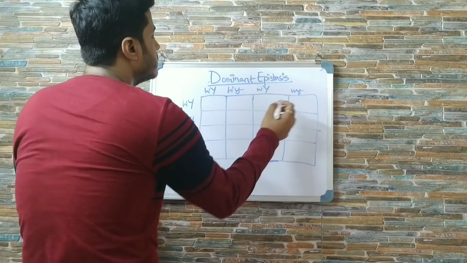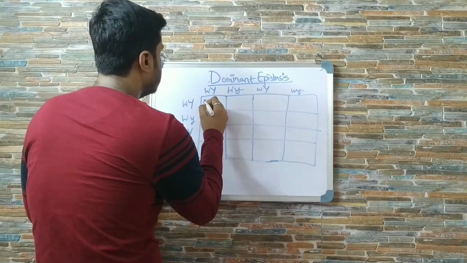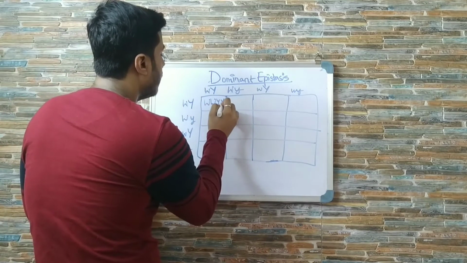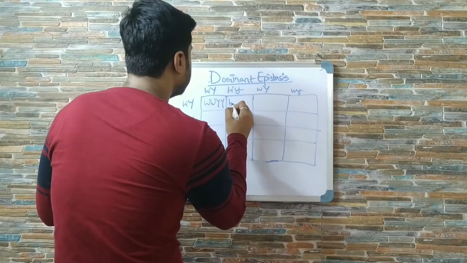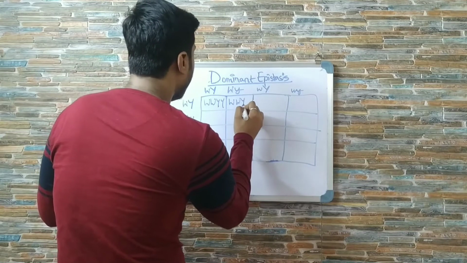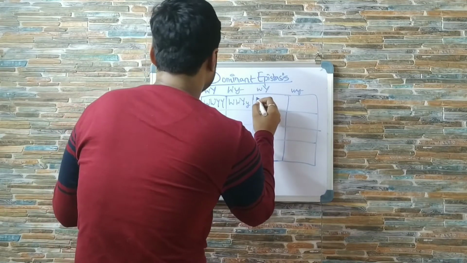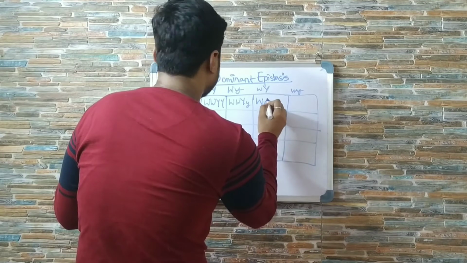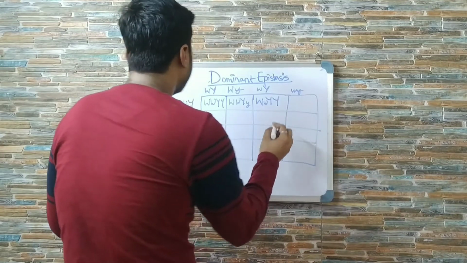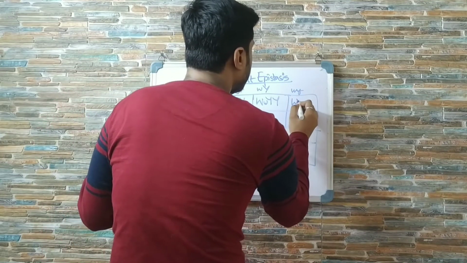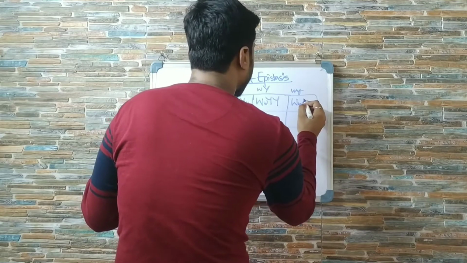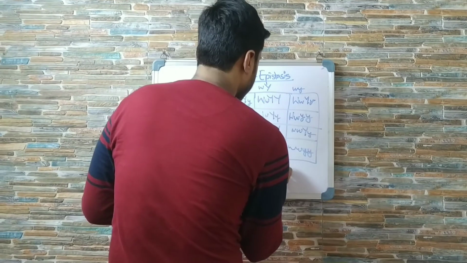Now, we'll just fill up the boxes. That is, this will be WW YY, this will be WW Yy, this will be Ww YY, and this will be Ww Yy.